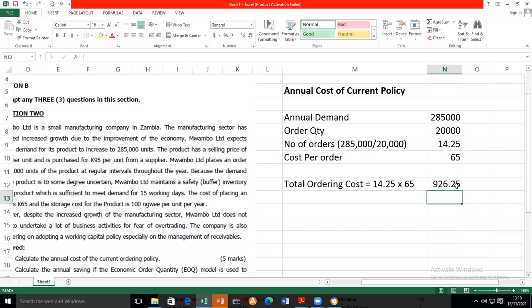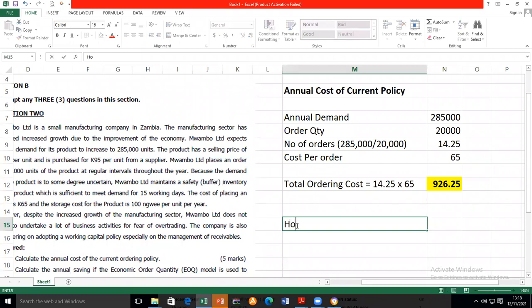Are we all getting this number here? Getting that number there. We happy with that?